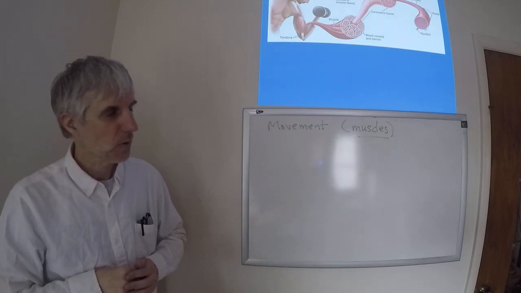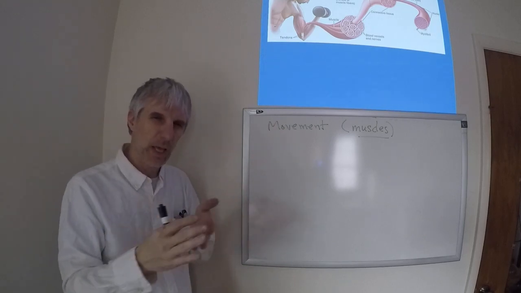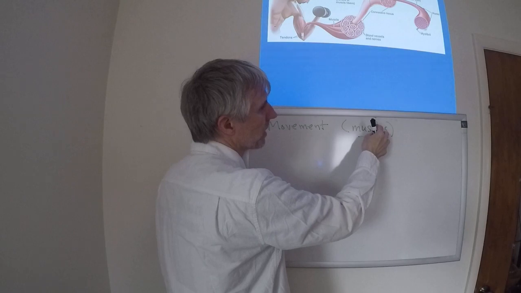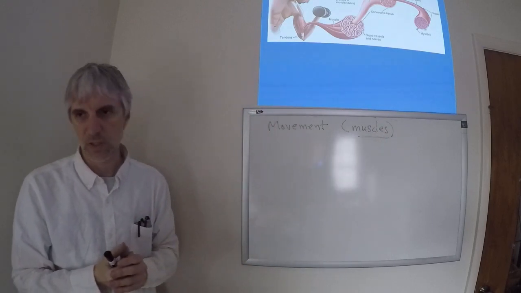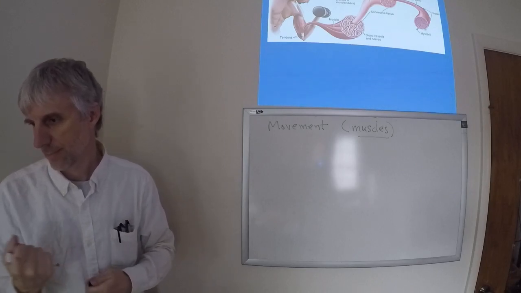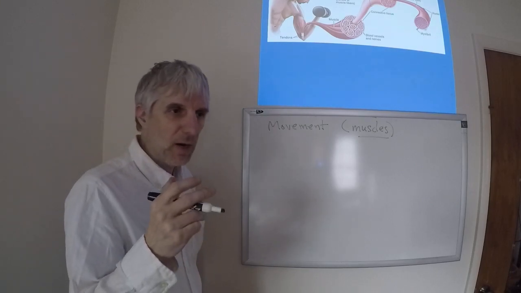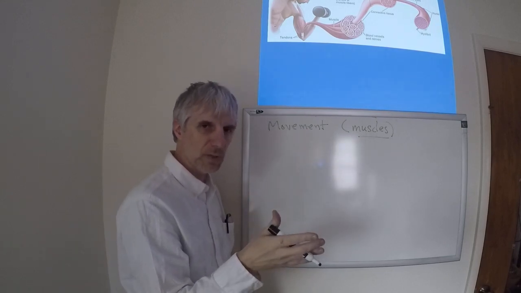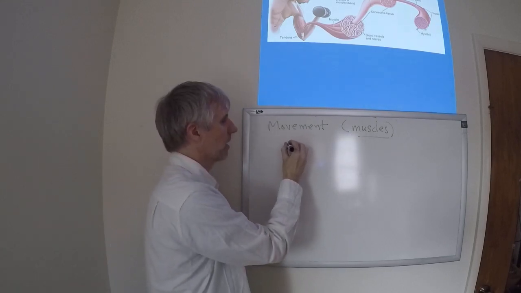Okay, so I'm just going to mention a few other types of movements, and then we're going to go right into these muscles as kind of the main focus of our discussion about movement.